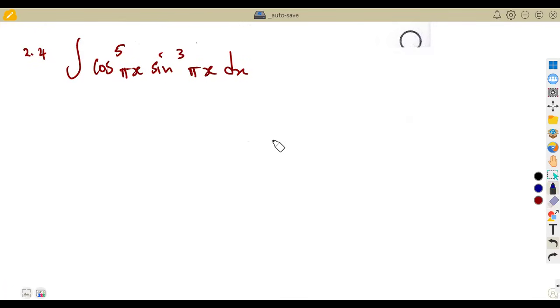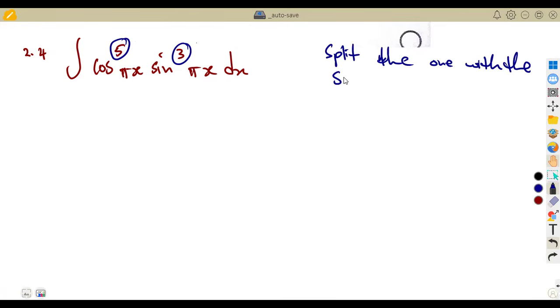The first thing you're supposed to check are the exponents: are all of the exponents odd? Yes, we've got an odd exponent and an odd exponent here. On a condition like that, you split the one with the smaller exponent, the smaller power.